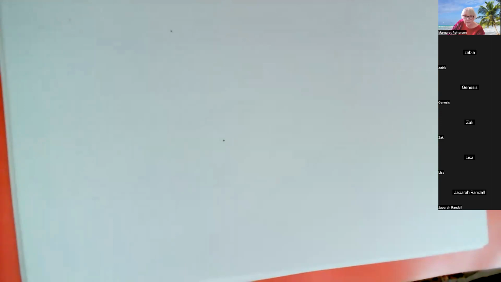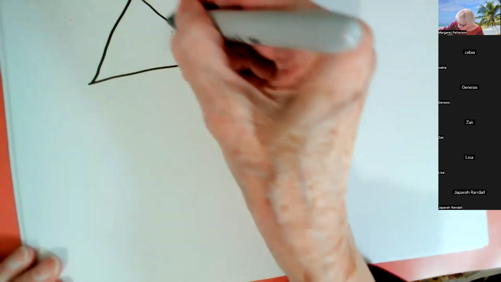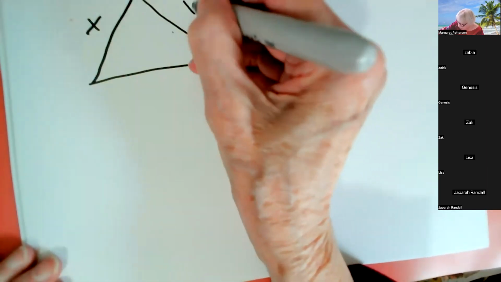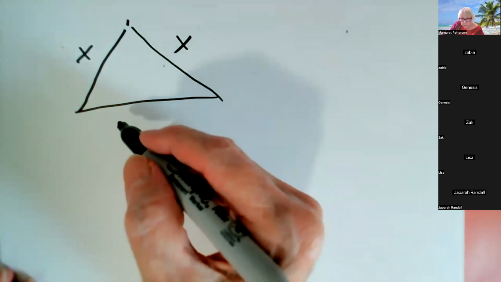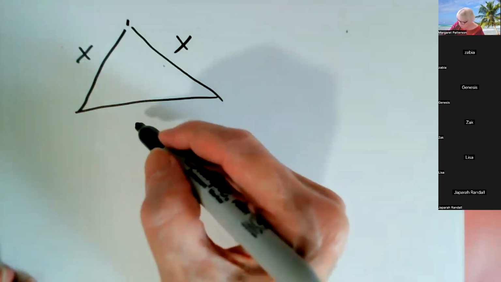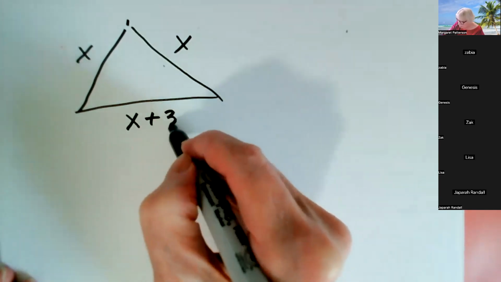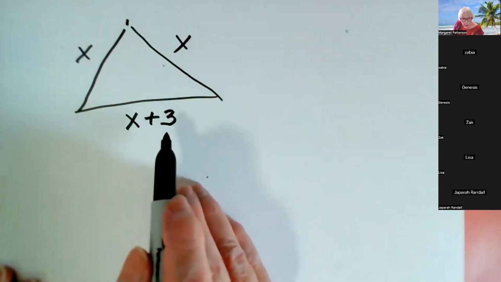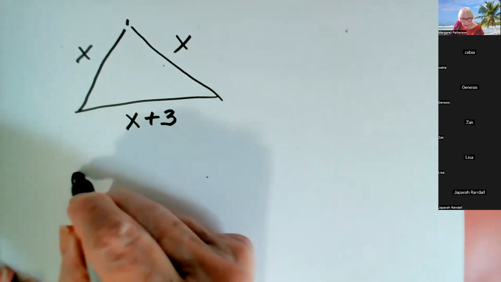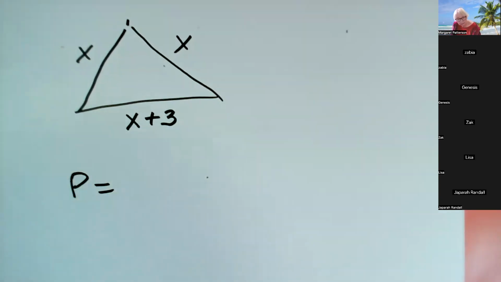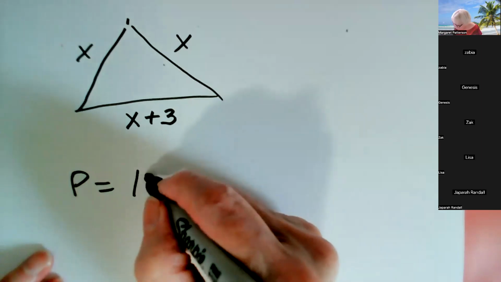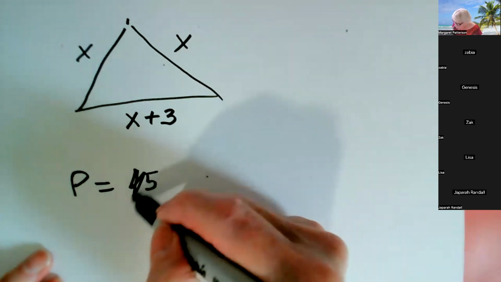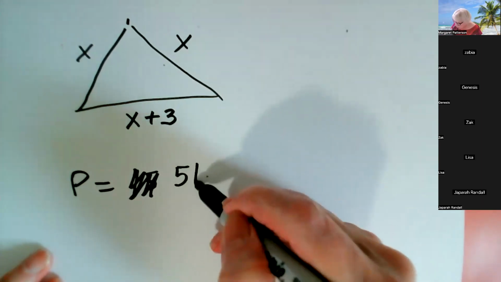One side was X, another side was X. That side is X plus 3. Did I get it right, even though I don't have the picture just right? Yeah, that is it. They told you the perimeter equals 15. No, sorry, 51.